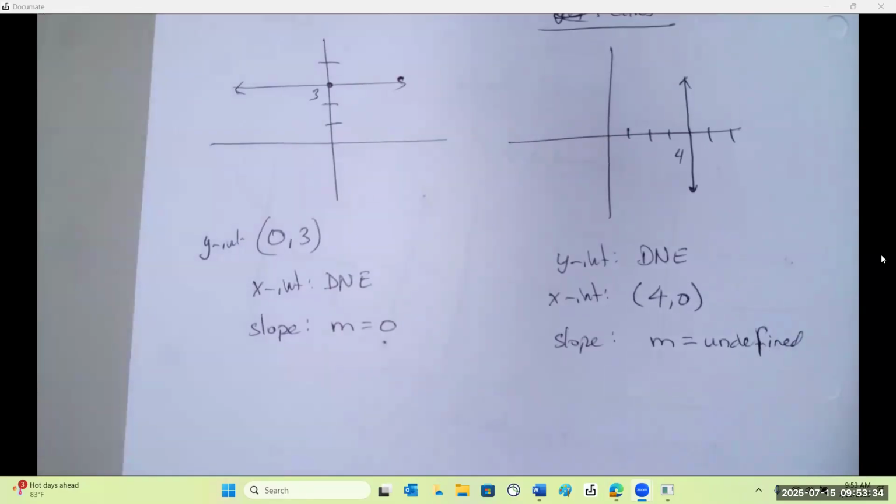Undefined. Do you think you can come up with a way to prove to me why this is a slope 0, why this one's undefined? What do you need to find a slope?